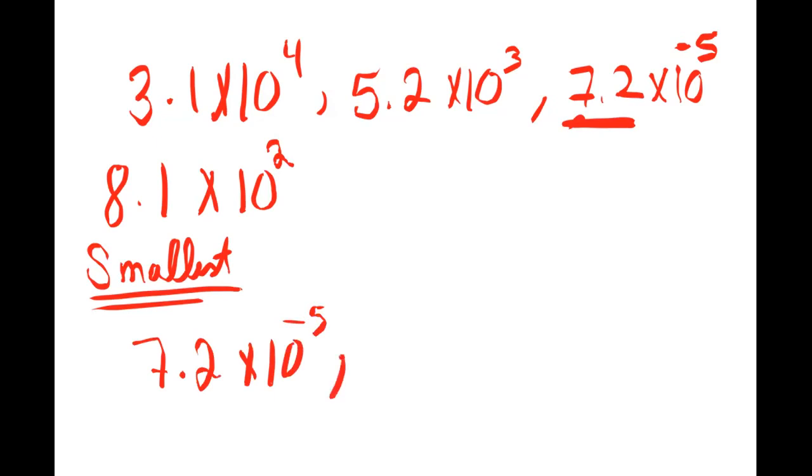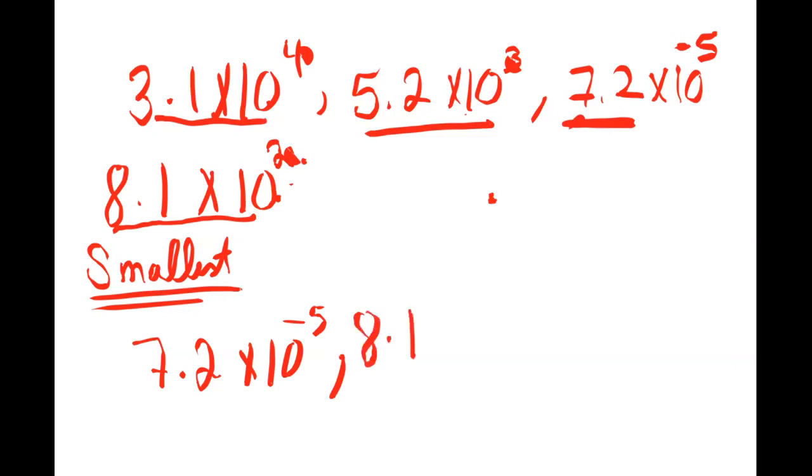Then we look for the positive power, but the smallest one. I have here 10 power of 4, 10 power of 2, and 10 power of 3. So which one is a smaller? Is 10 power of 2. So if I have different 10 power, I will take the smallest. So it will be 8.1 times 10 power of 2.